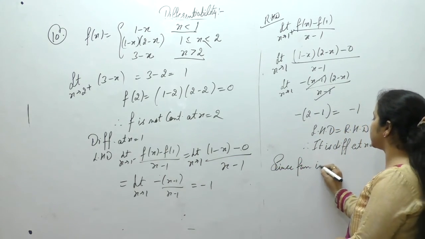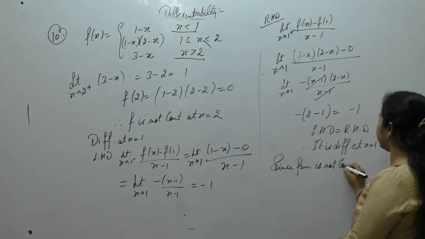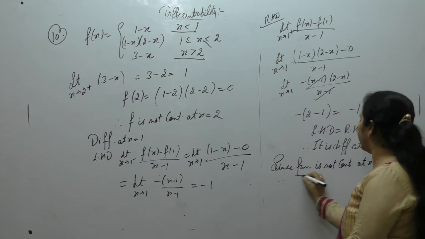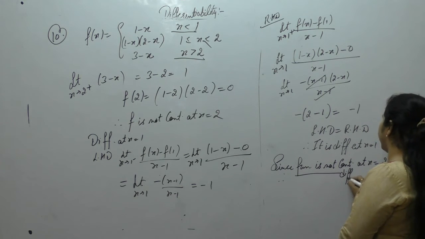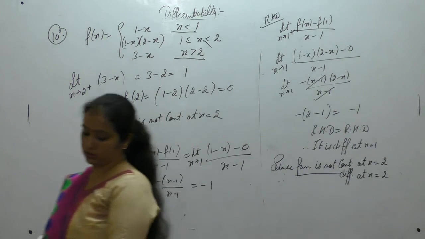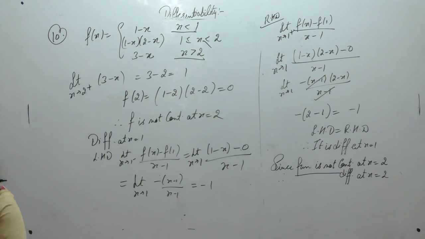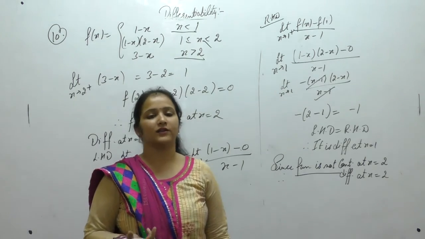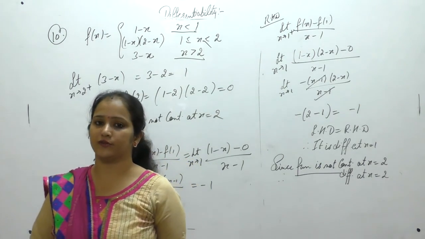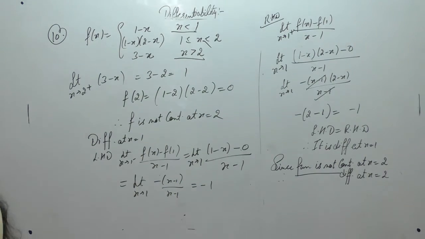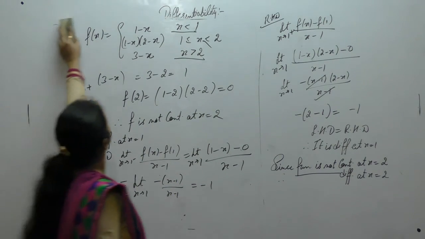Since function is not continuous at x is equal to 2, therefore function is not differentiable at x is equal to 2. Clear? जो भी फंक्शन डिफरेंशिएबल होगा वो कॉन्टिन्यूअस भी होगा. तो अगर फंक्शन कॉन्टिन्यूअस नहीं है तो डिफरेंशिएबल भी नहीं है. Now next one.